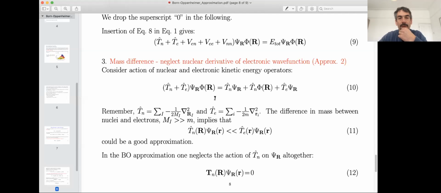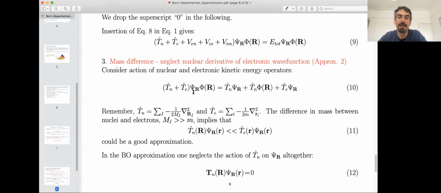Now, if you have a look at the action of that operator on the product of these two wave functions, you have to know that this electronic wave function would be a wave function that you get, for instance, from a Hartree-Fock calculation, or from a correlated wave function calculation, or it could be a Kohn-Sham determinant.